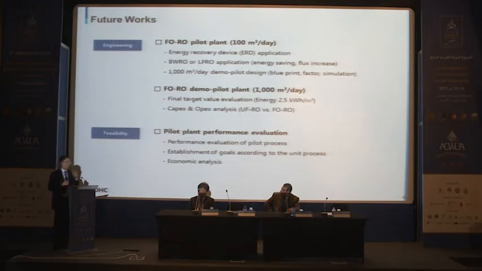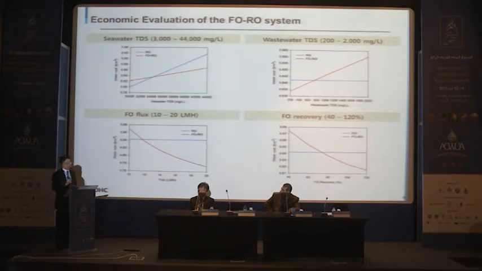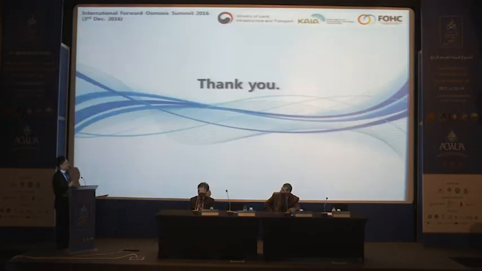The visible final product of the project will be the FO-RO demonstration pilot plant with a capacity of 1,000 tons per day. We will verify and evaluate the efficiency of the FO-RO hybrid systems from this demo pilot plant.